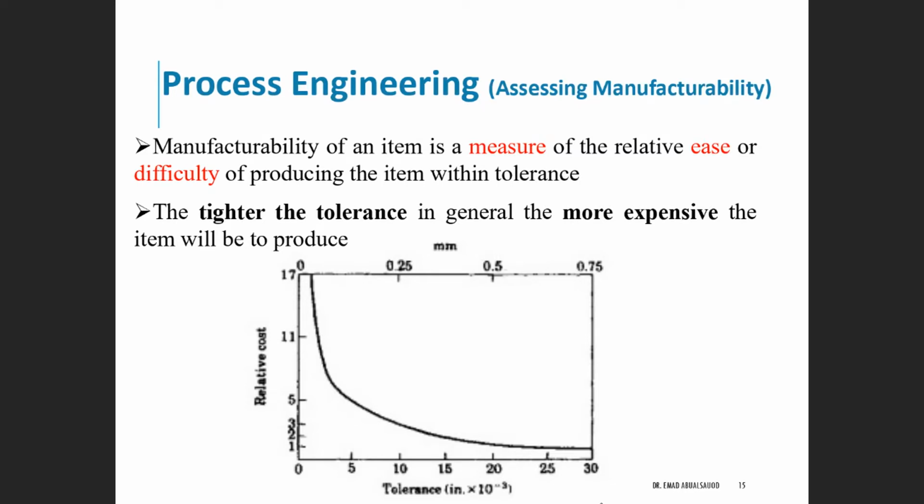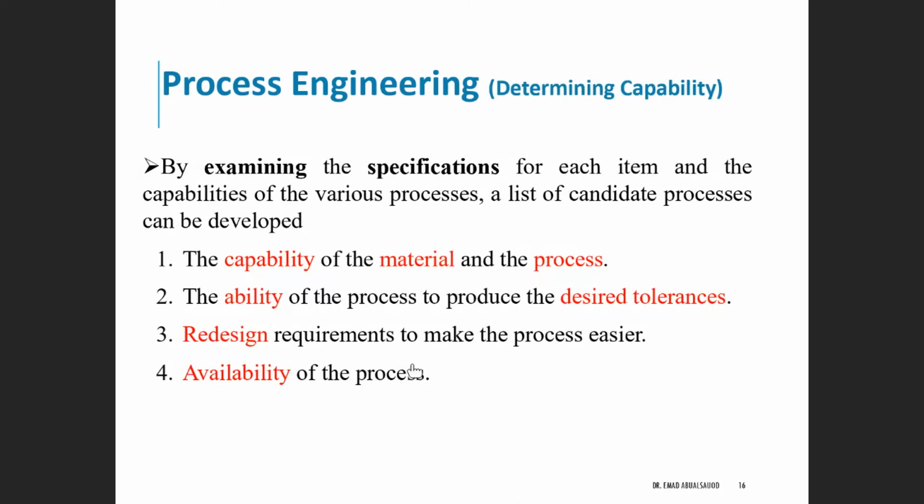The third step is determining the capability, and as we said, the capability is examining the specification for each item and the capability of the various processes. A list of candidate processes can be developed. You can develop alternative processes and evaluate which one will meet your specification.